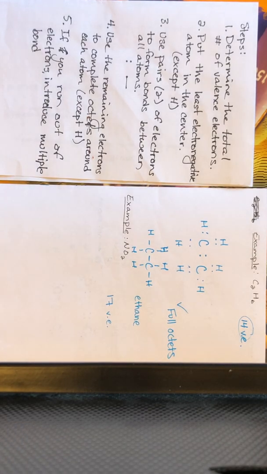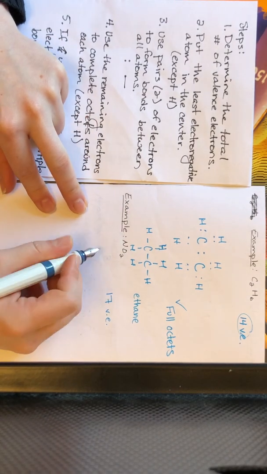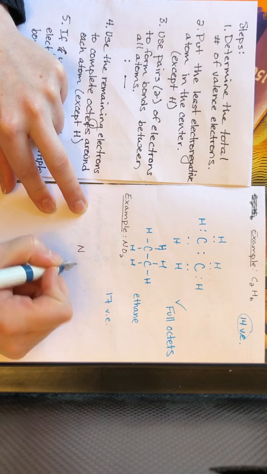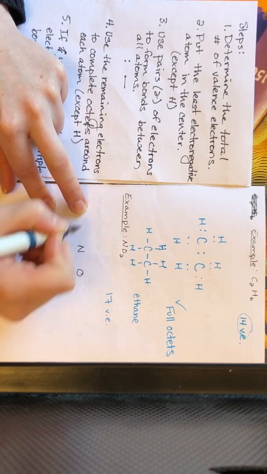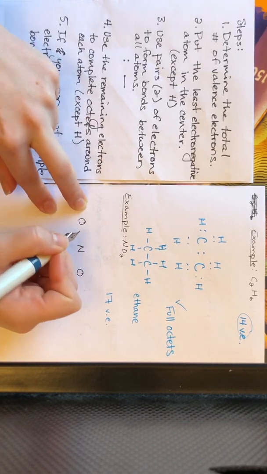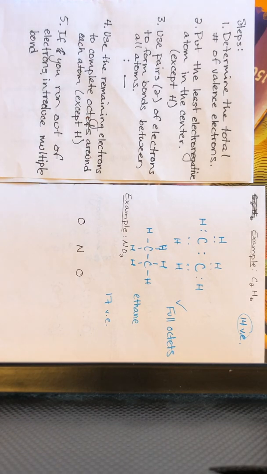And so we start with the least electronegative atom in the middle. Between the two of them, nitrogen is less electronegative than oxygen. So N in the middle, oxygens on the outside. And we start with a single bond between the two of them.